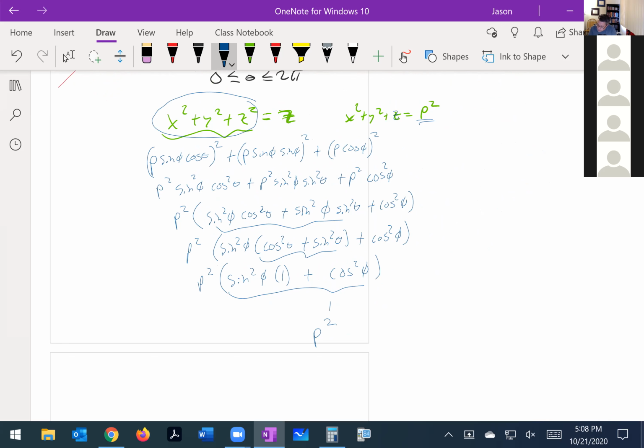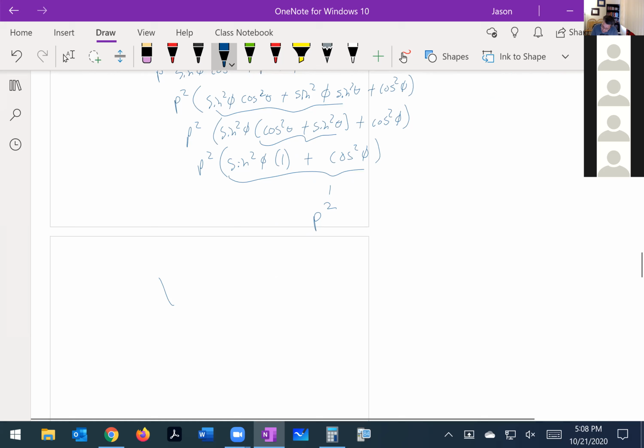Okay, so what's z equal to? So this is going to be x squared plus y squared plus z squared equals z. So this is rho squared is equal to rho times the cosine of phi. Okay, so what is rho?